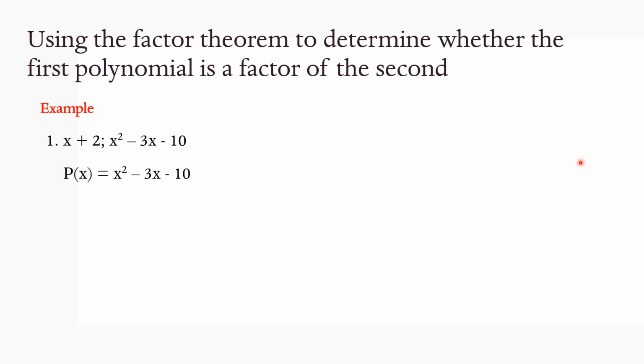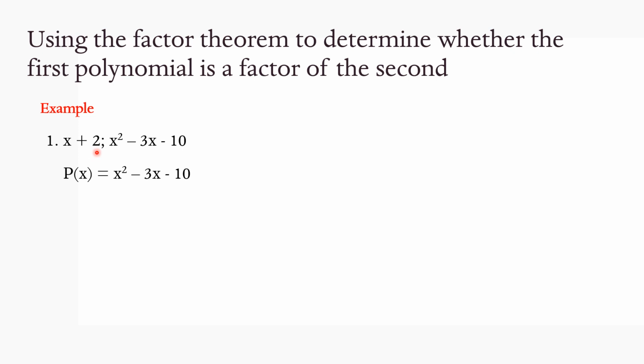Now, when can we say that the first polynomial is a factor of the second? This one is a factor if and only if the remainder is 0. So let us test that using the remainder theorem.